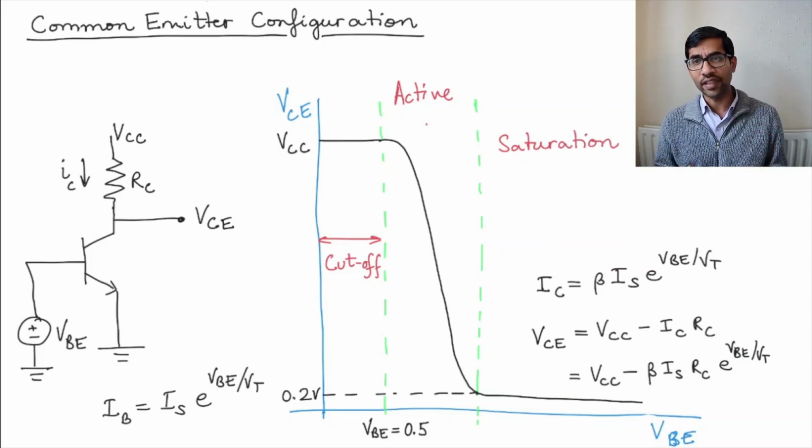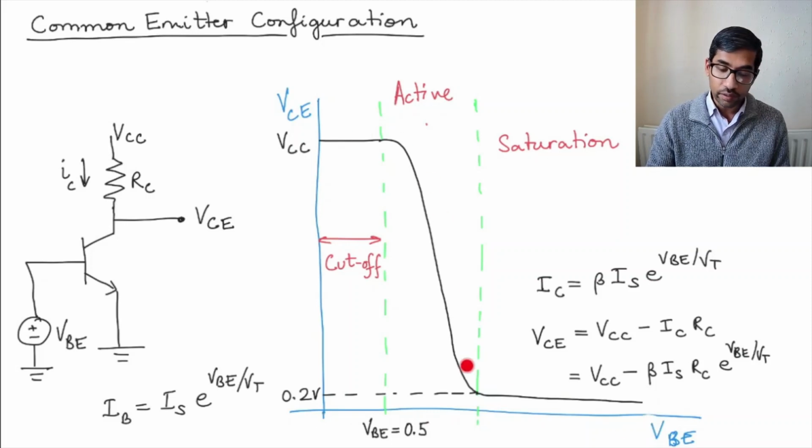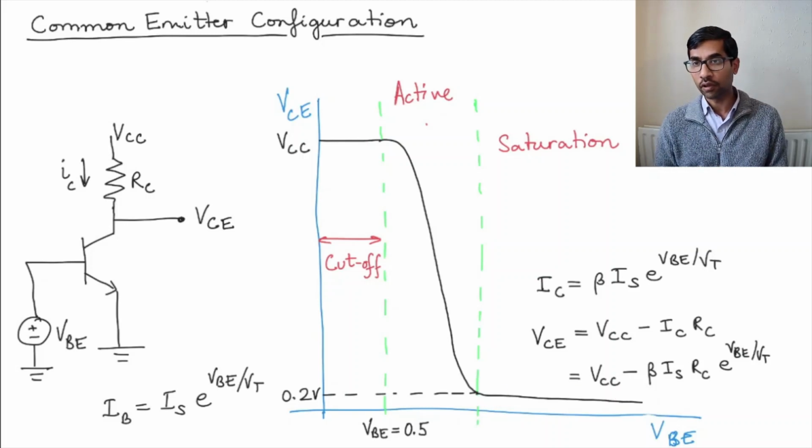So it's very, very small. So you can see that in this case, as VBE increases, VCE reduces. Of course, the reduction mainly happens in the active mode. In the cutoff and in the saturation mode, VCE remains more or less constant.